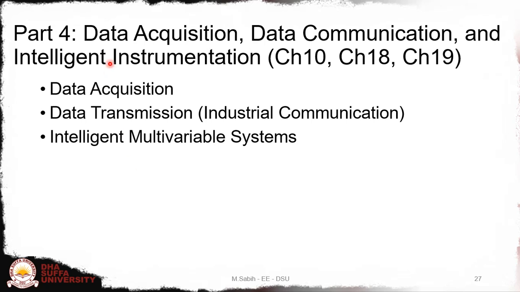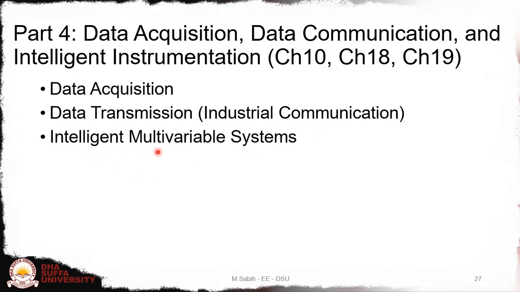Part 4 is interesting, and it will be more industrial, with current aspects of what data acquisition systems are in place. Because most of the basic ideas you have already learned in your electronic courses, we will explore data communication, especially industrial communication, in use: fieldbus, Foundation Fieldbus, HART protocols, wireless communication, and all this stuff, as much as possible.